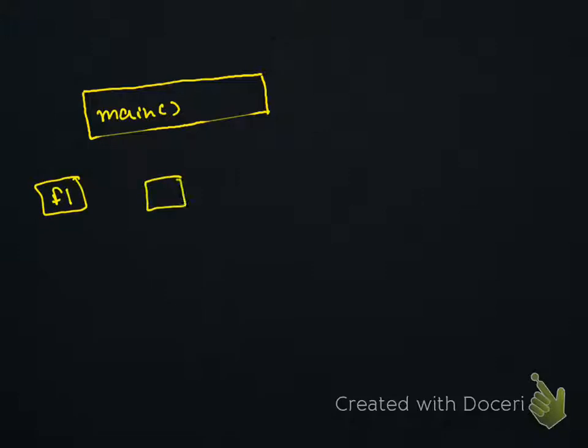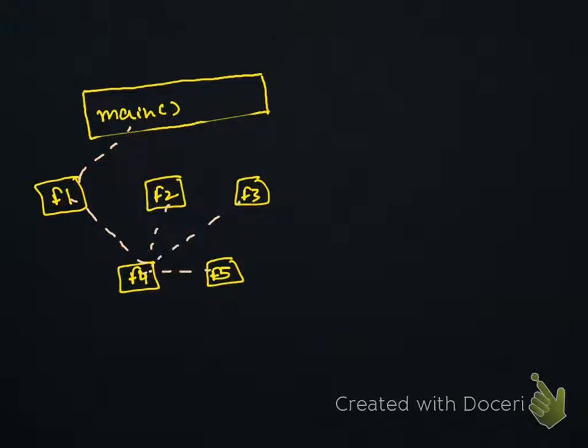This is the same diagram which I have drawn before. All these functions are nothing but the operational units which are doing something, and there is a communication happening between all of these in terms that one function might call the other and the other might return some values to it. This is how a procedural language looks like.